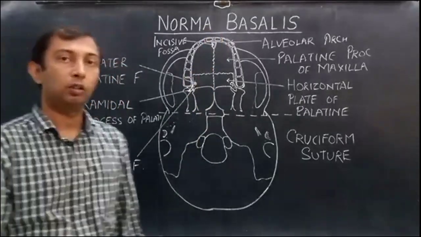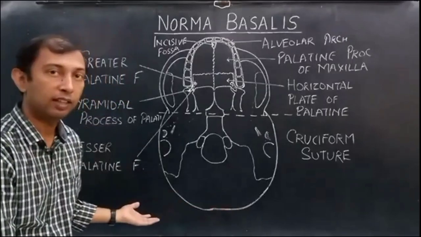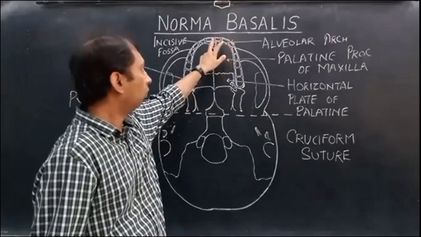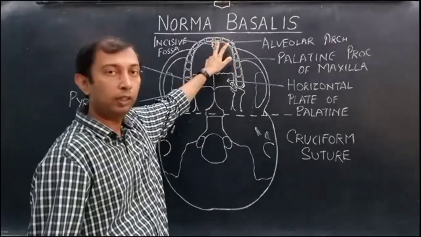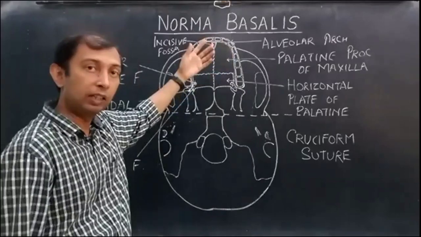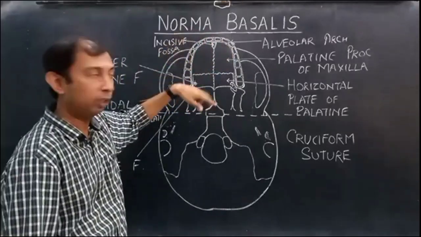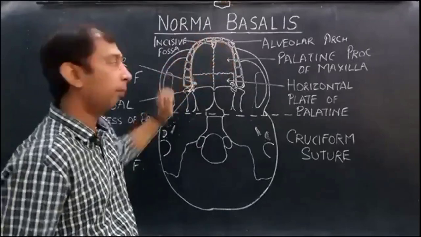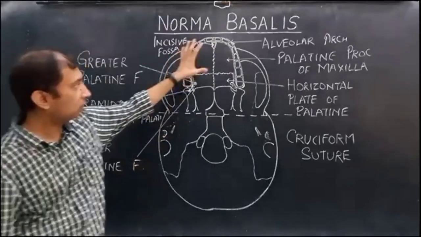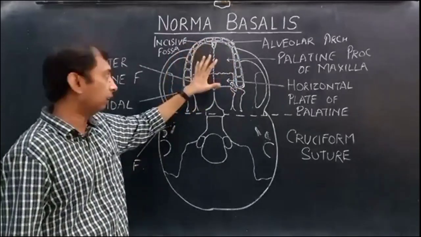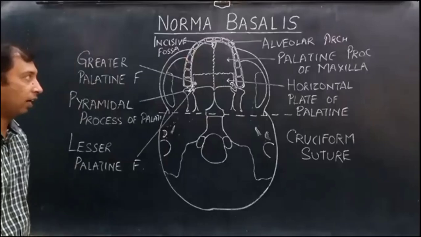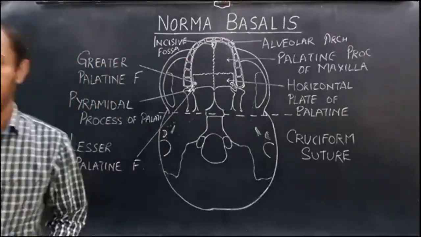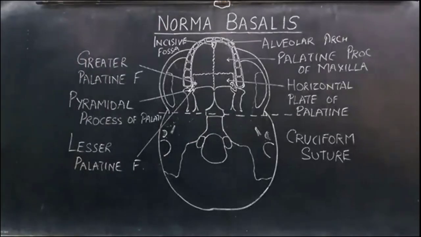Incisive foramen. They are simply known as incisive foramen. They are usually paired, one on the left, one on the right, and they may even be median, one anterior and one posterior. But usually they are one on the left, one on the right. So these are the various foramen we need to identify in the anterior part of the Norma Basalis, right? So let us see a picture of this Norma Basalis.